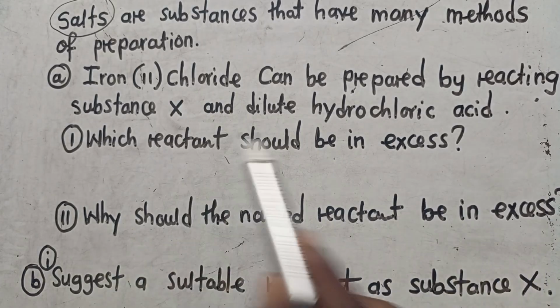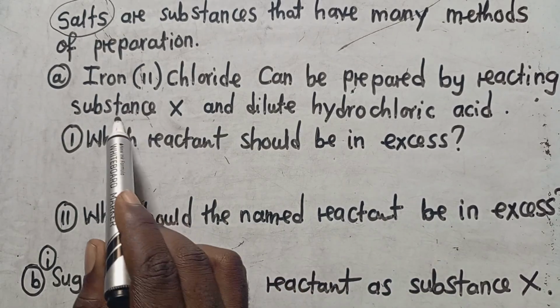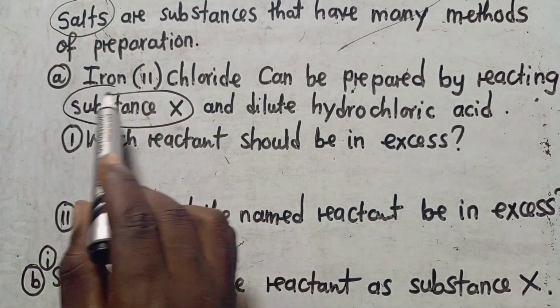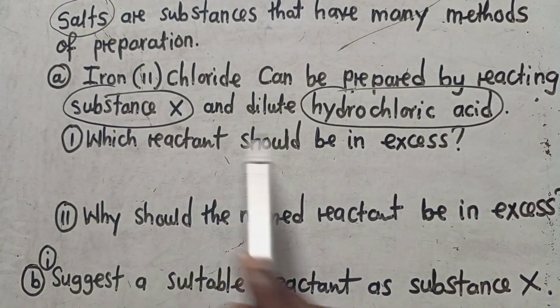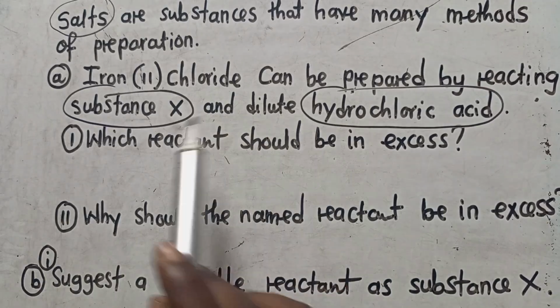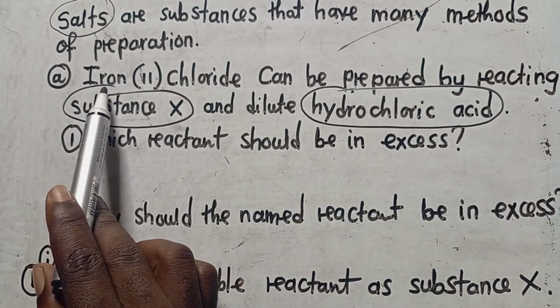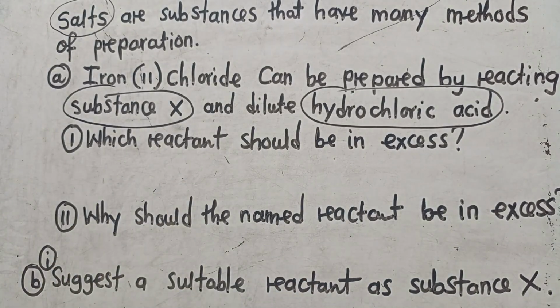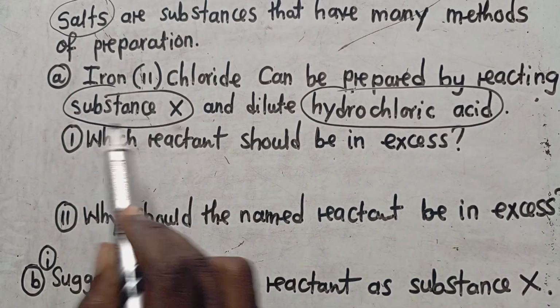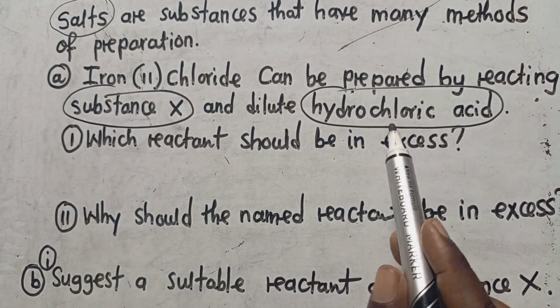Whenever you've got something like this, where substance X is reacting with an acid, you need to note that the salt that is going to be formed, iron 2 chloride, is a soluble salt. Soluble salts are formed when a metal reacts with an acid.